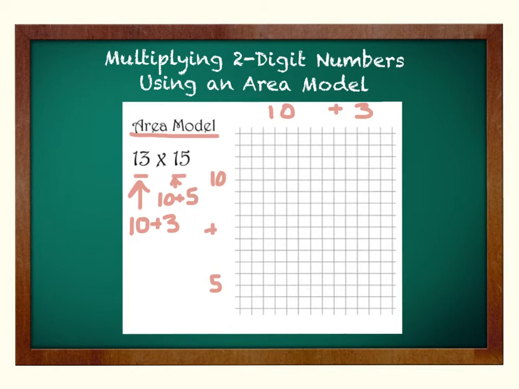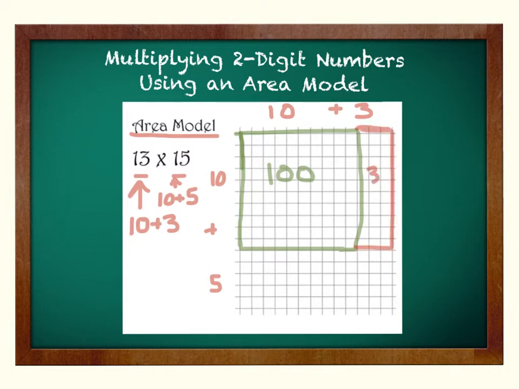So let's look at these first 2 numbers. If I were to multiply 10 times 10, I would draw an array to represent that. I would have to identify 10 rows of 10 columns, and that's going to give me 100 squares. But I also have to multiply this 10 by this 3, which is going to give me another 3 columns of 10, giving me an additional 30.